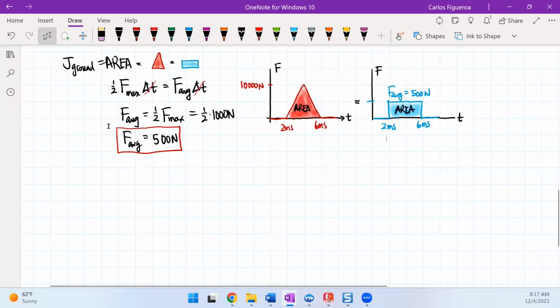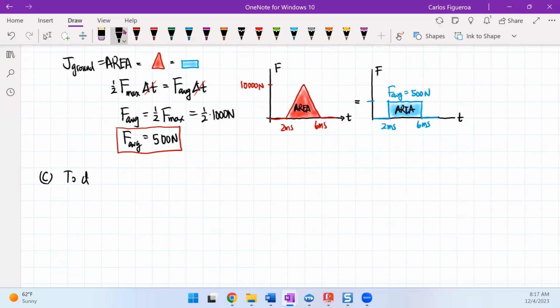So now let's go to C. In C, we want to determine the speed V2 after the collision with the ground.